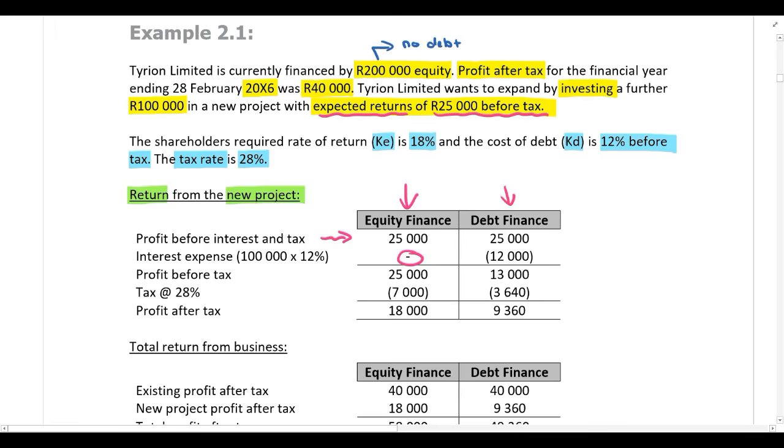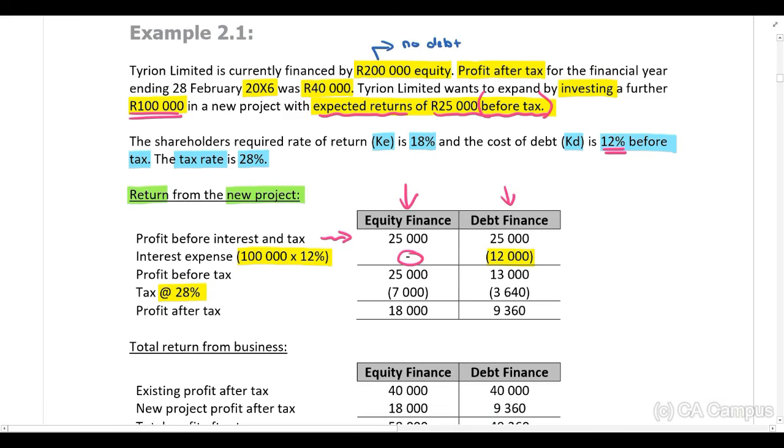However, if debt finance is used, we will have an interest expense. The cost of debt is 12%, and the project is 100,000 Rand. So if we want to calculate the interest, it's 100,000 multiplied by 12%, it's 12,000 Rand interest. Then you can just deduct tax at 28% to get the profit after tax, because this return over here was a return before tax.